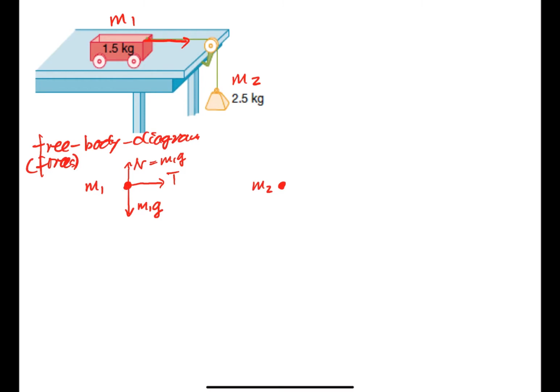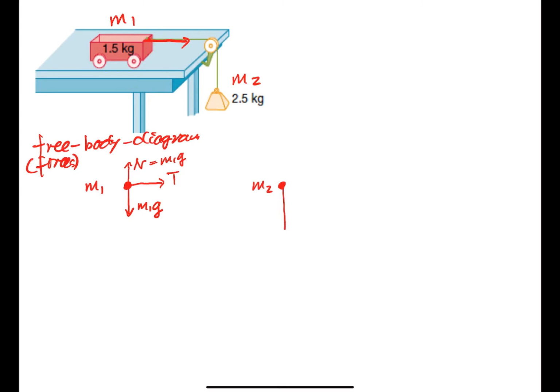So it goes down, but how about the force? The gravity is always down. But when you're holding this one, this force actually tries to hold it up. It's just because this tension force on M2 is not big enough, and the mass is higher than the tension. So therefore, we have to draw the 2 arrows.